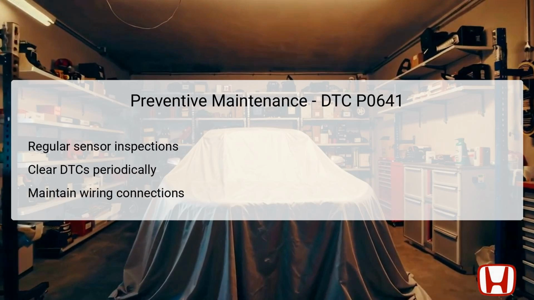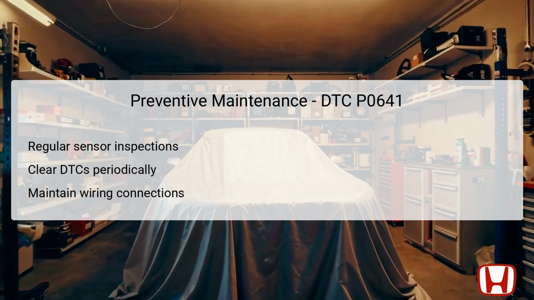To mitigate the risk of encountering DTC P0641 in the future, regular preventive maintenance practices should be instituted. This includes performing routine inspections of critical engine components and sensors, ensuring they are free from corrosion or damage. Ensuring that electrical connections are secure and that wiring remains intact is vital to prevent shorts or poor connections.